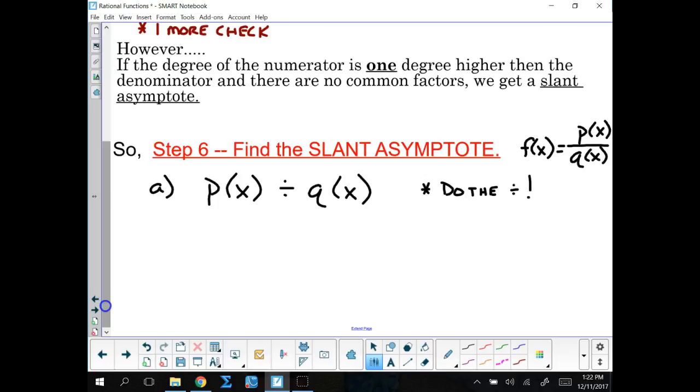Now, what are the 2 choices that you have to do the division? You have synthetic. What's the downfall with synthetic division?